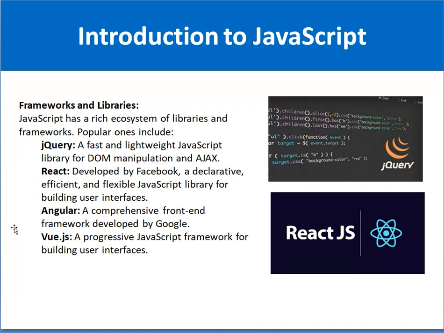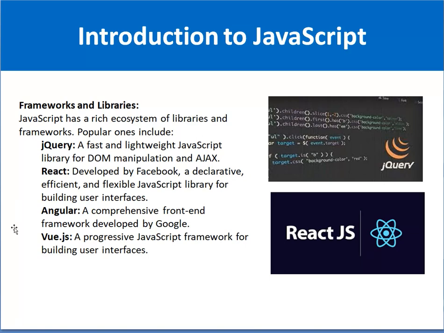If we talk about frameworks, JavaScript has a very rich ecosystem of libraries and frameworks for developers. First one is jQuery. jQuery is a lightweight JavaScript library for DOM manipulation and Ajax. Then React is another library, developed by Facebook, and it is a declarative, efficient, and flexible JavaScript library for building user interfaces.